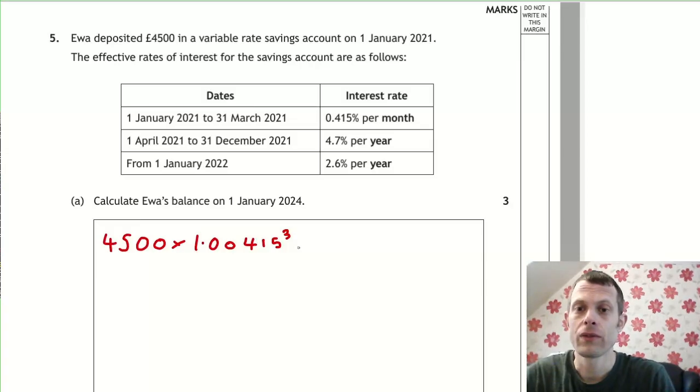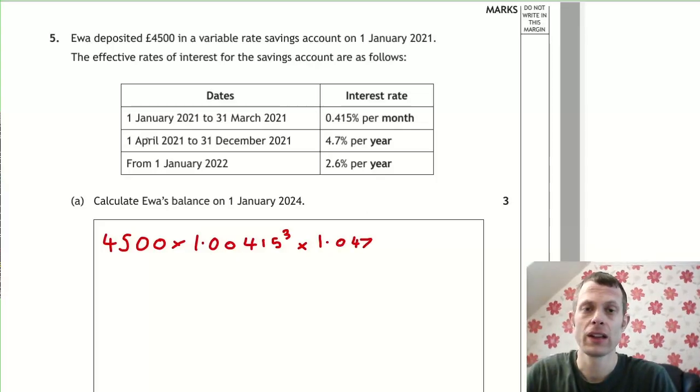Next we have, for the rest of 2021, April through to December, 4.7% per year. So the multiplier is 1.047. I should have mentioned how you get this number. Add 100 and divide by 100.